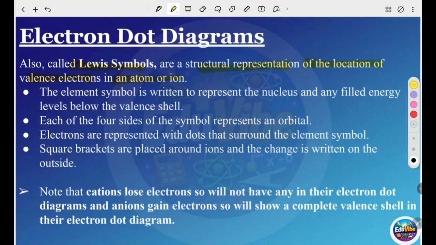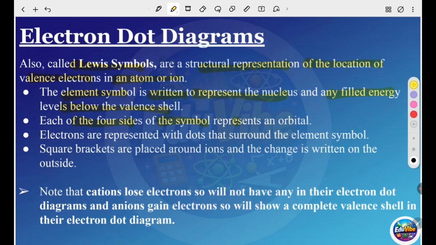We discuss atoms and ions at the same time, and how they transfer their electrons to form an ionic bond. The element symbol is written to represent the nucleus and any filled energy levels below the valence shell. So these are some rules to know: we have to write the element symbol to represent the nucleus and show how many energy levels they have filled.